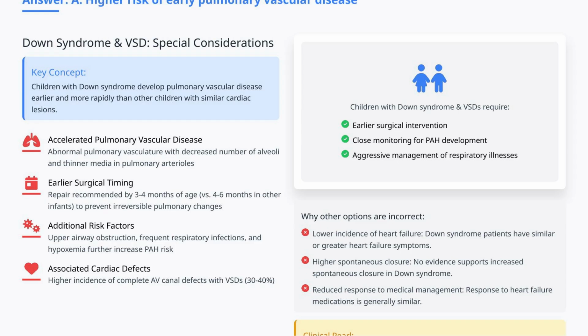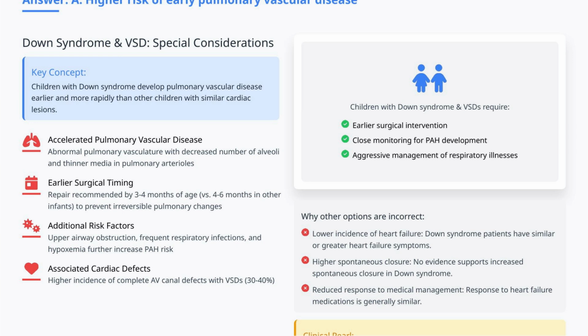Higher risk of early pulmonary vascular disease. Children with Down syndrome have a unique pulmonary vascular biology that predisposes them to develop pulmonary hypertension earlier and more rapidly than other children with similar cardiac lesions. The pulmonary vasculature in Down syndrome is characterized by fewer alveoli and abnormal development of pulmonary arterioles with thinner medial walls.